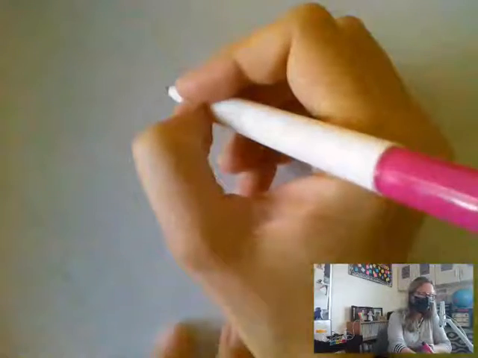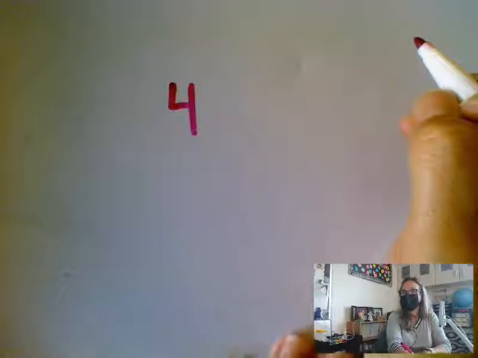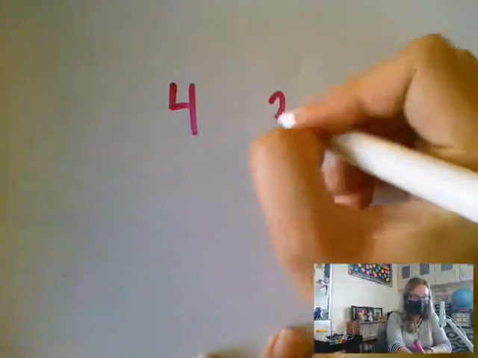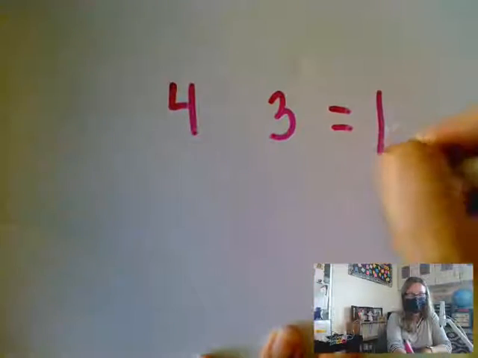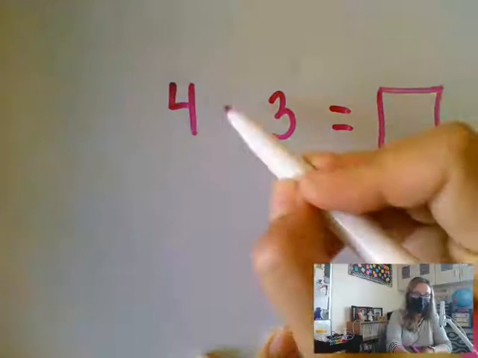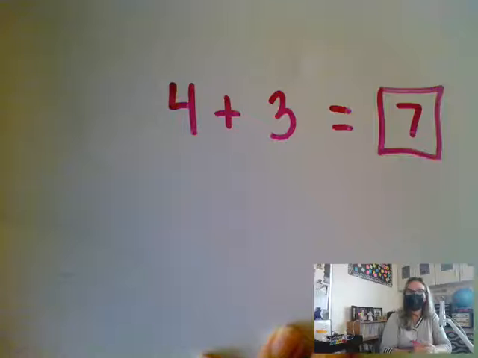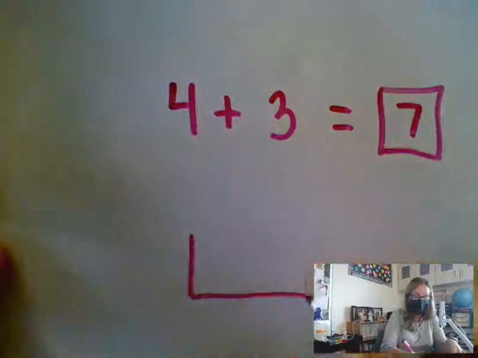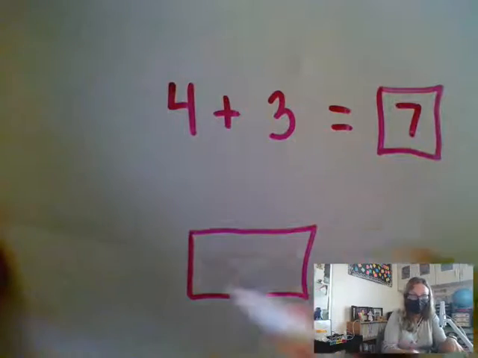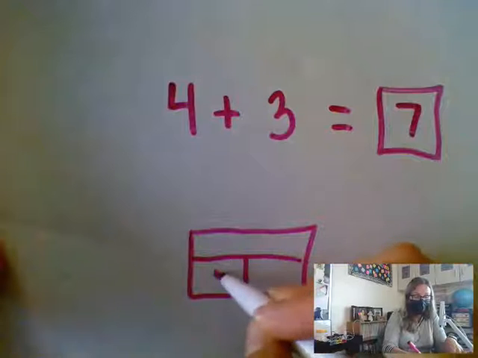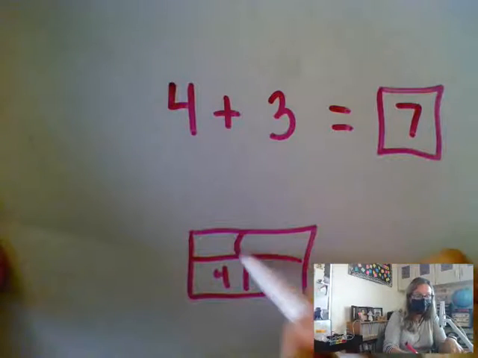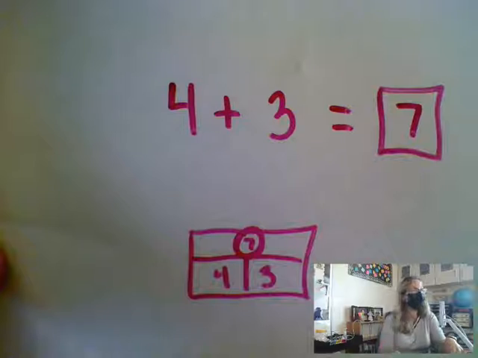So, for example, they've said you have 4 apples in a tree, and then 3 more apples grow. How many apples altogether? And then we build the equation 4 apples plus 3 apples equals 7 apples. Okay, so whenever we've been doing our part, whole addition, we've been given the 2 parts and we've had to find the whole. Okay?